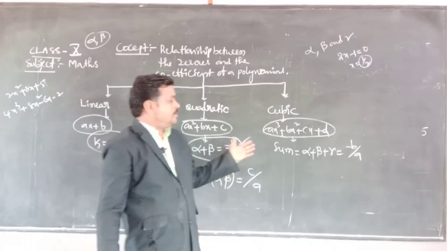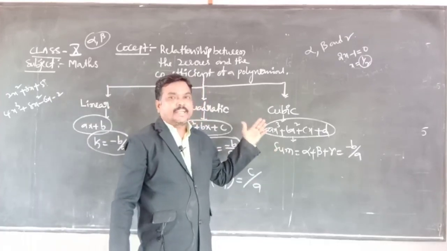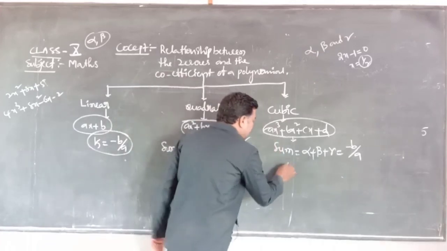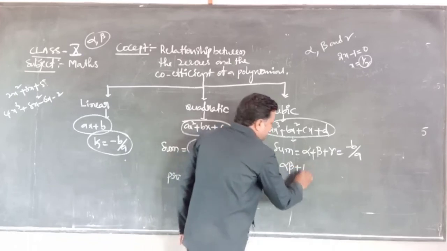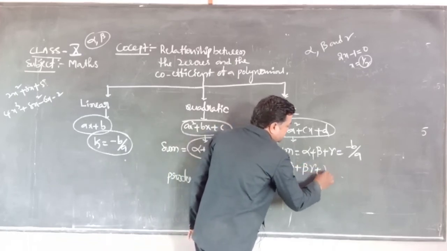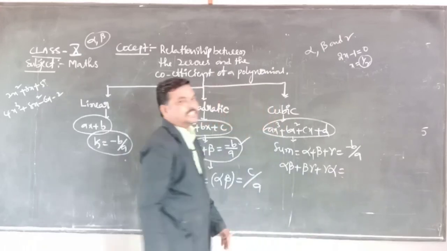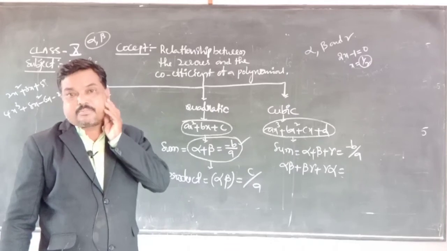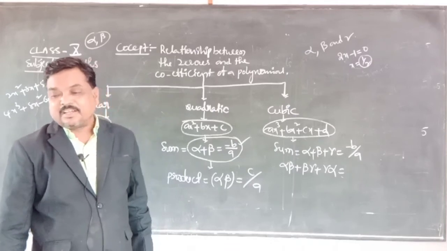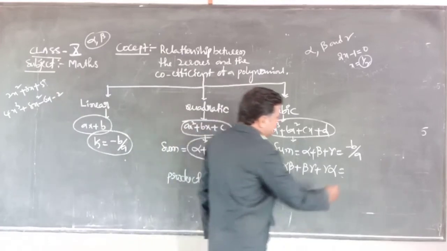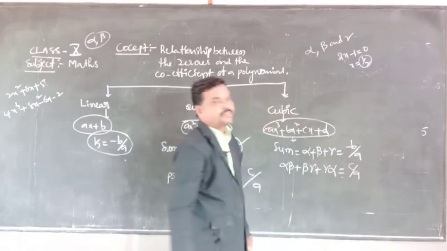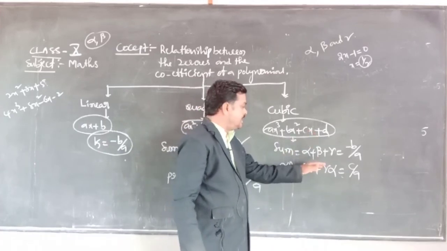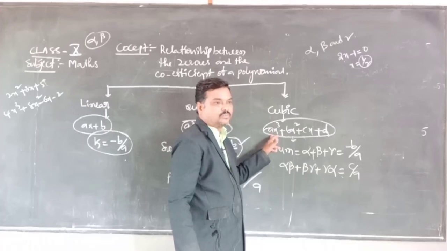Then, taking two zeros at a time in the product, we have to add them. That is alpha beta plus beta gamma plus gamma alpha. It means these two zeros are taken at a time. Alpha beta plus beta gamma plus gamma alpha is equal to c by a. c means the coefficient of x, a means the coefficient of x cube.